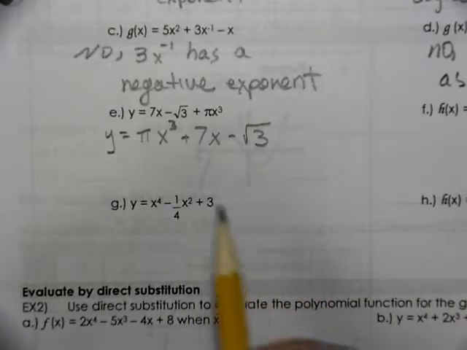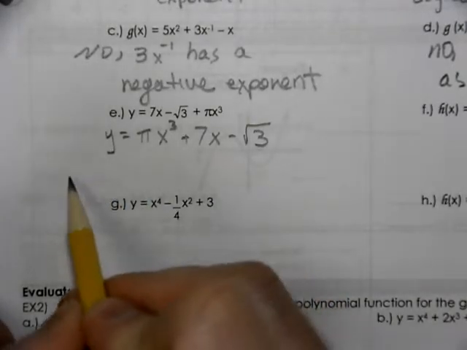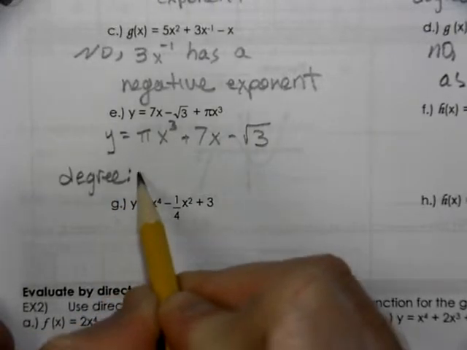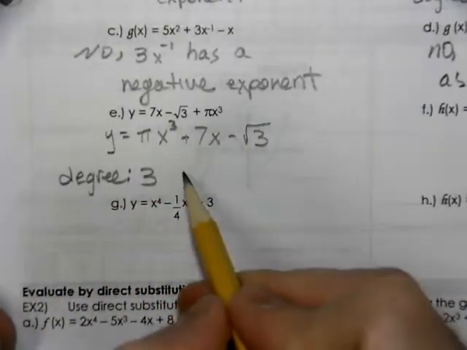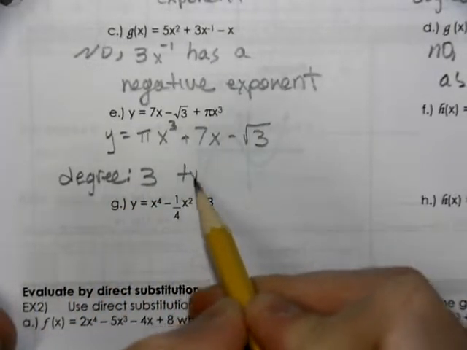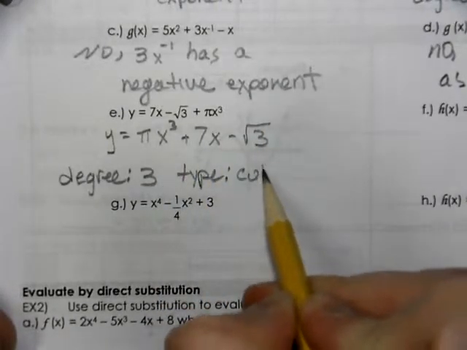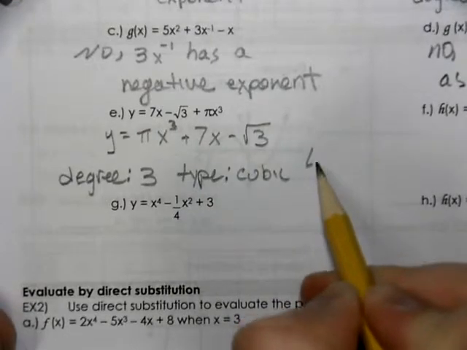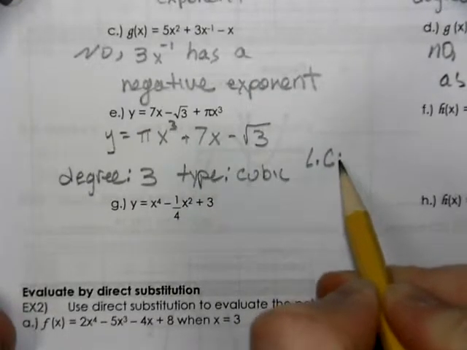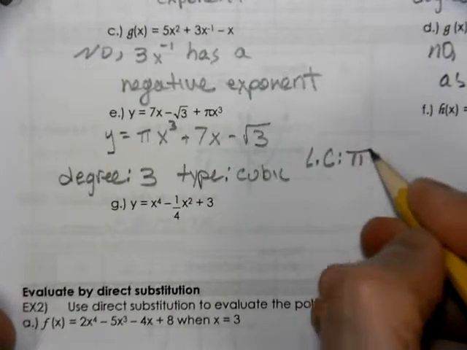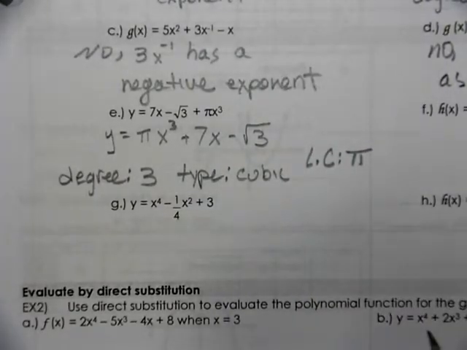So that would be standard form. The degree is 3. The type is cubic, and the leading coefficient in this case happens to be pi, which is 3.14.